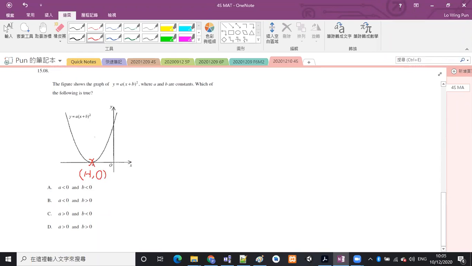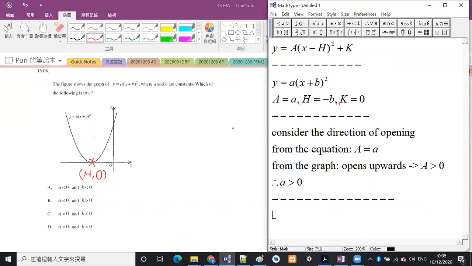Okay, so this is the x coordinate is H, and then the y coordinate is 0. Can you get this?